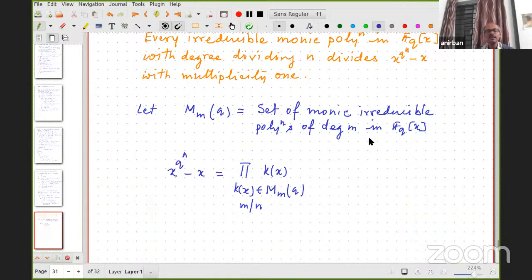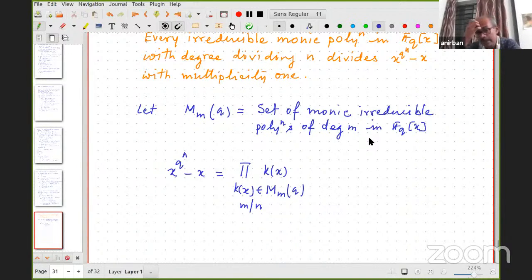Every monic irreducible polynomial of degree m with m dividing n divides the left hand side exactly once, so it is exactly the product. We have taken monic so we don't have to put a constant in front, because both sides are monic.